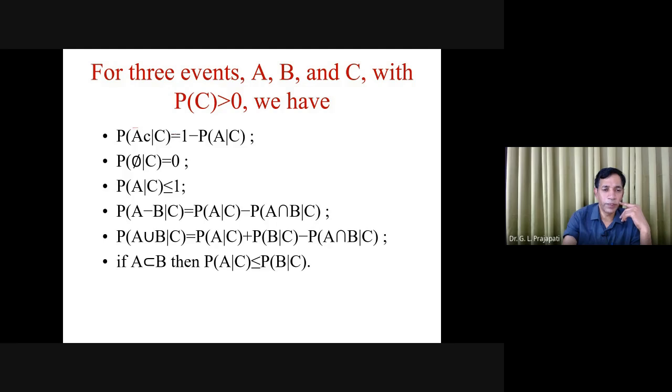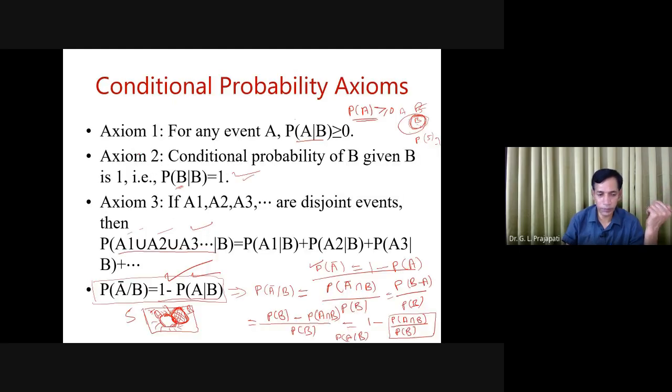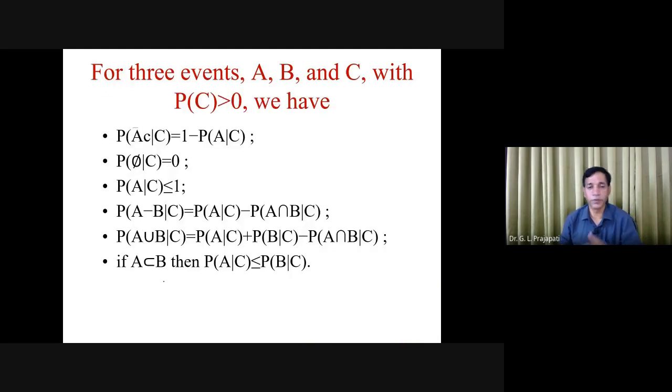So the probability of A complement given C is equal to 1 minus the probability of A given C. We have seen this earlier, but here instead of B you have C. That's all.